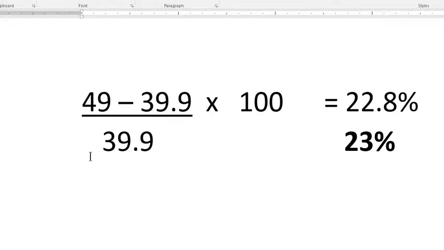We divide that by the actual accurate measurement of the graduated measuring cylinder of 39.9, times 100 to turn it into a percentage. But because one of our calculations has just two significant figures, our final answer should be two significant figures, so we round up to 23%.